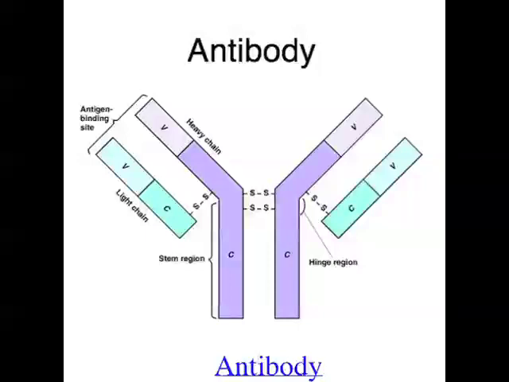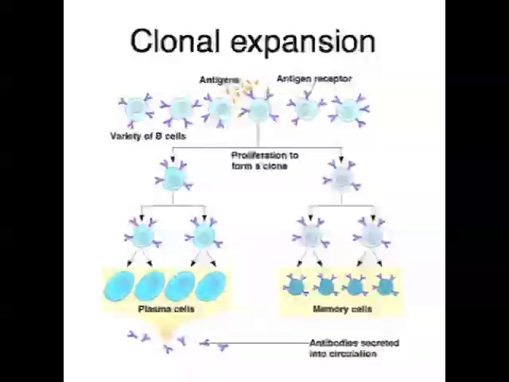So there are millions and millions of foreign non-self MHC markers out there in the big bad world. As a result, we've got millions and millions of B cells which have each got antibodies on their surface specific for one particular type of antigen. So although we've got millions of different types of B cells, we've only got a few B cells which are specific for one type of foreign antigen.